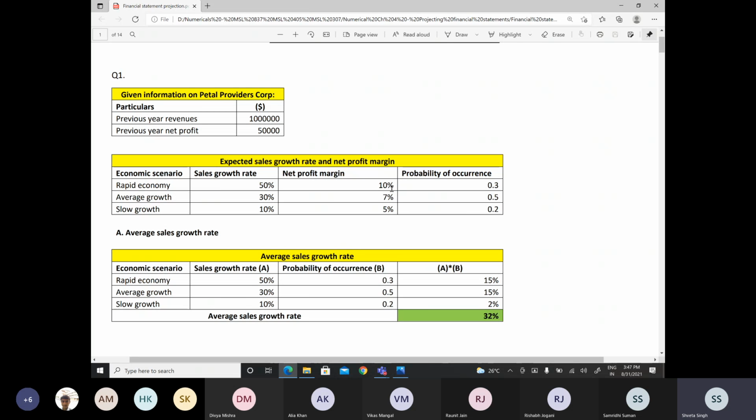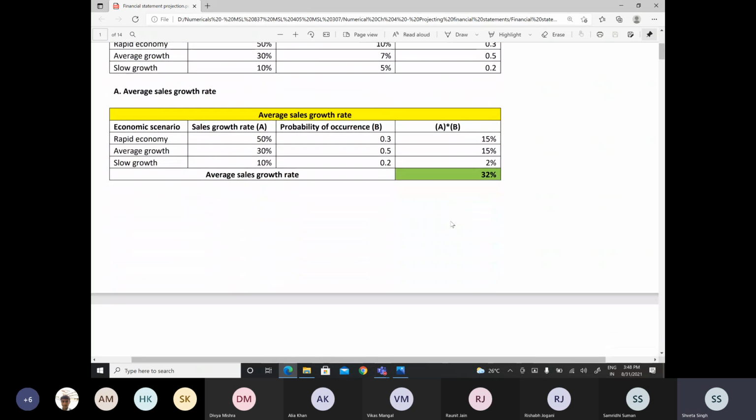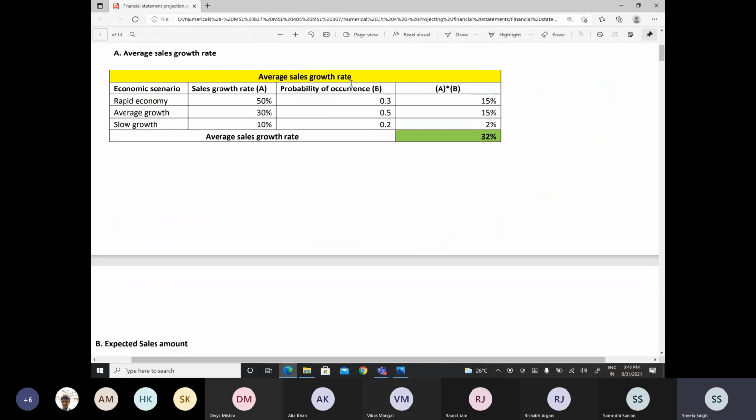Similarly, we are also given the net profit margin rates for the three scenarios as 10%, 7%, and 5%. And the probabilities of occurrence of the three scenarios are 0.3 for rapid, 0.5 for average, and 0.2 for slow growth.